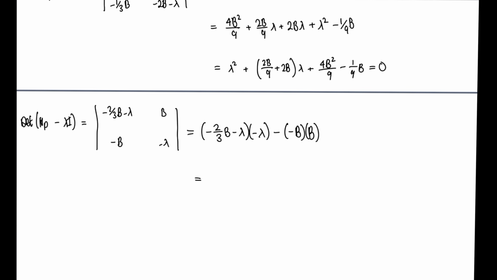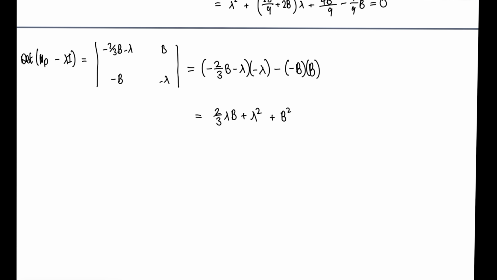So now we get 2 over 3 lambda b plus lambda squared plus b squared. So we are left with lambda squared plus 2 over 3 b lambda plus b squared is equal to 0 as our characteristic equation.